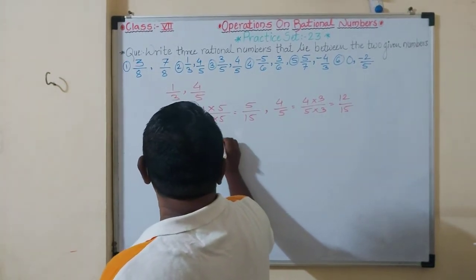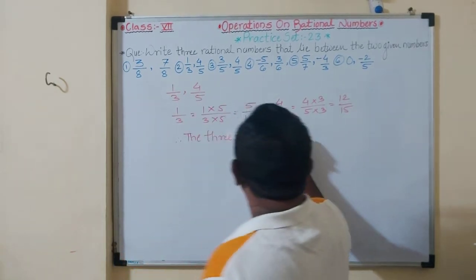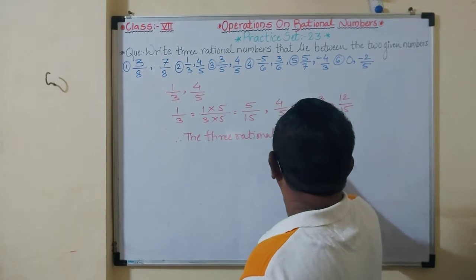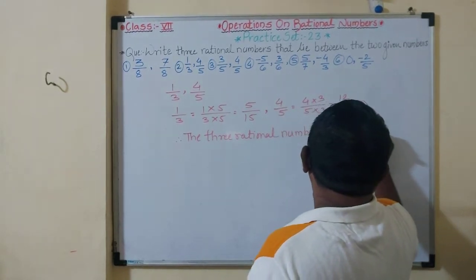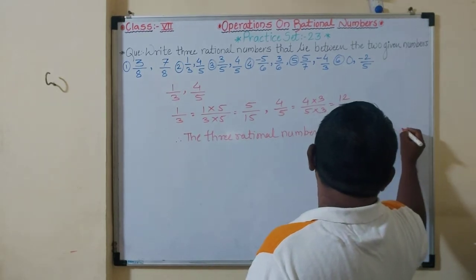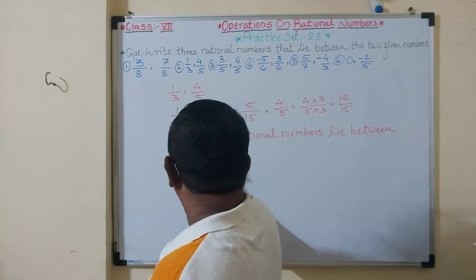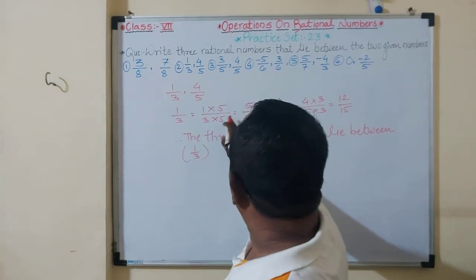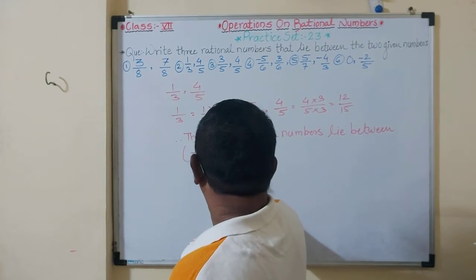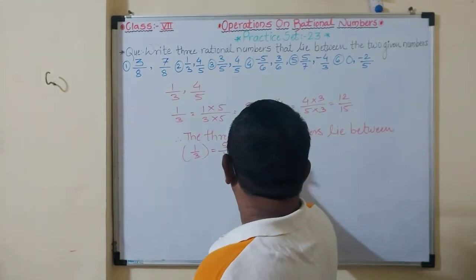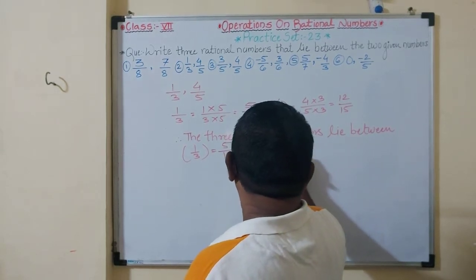Now let's see first. So therefore you have to write the sentence: the three rational numbers that lie between. Now 1 upon 3, we wrote the equivalent fraction, that is 5 upon 15, and the second, 4 upon 5, the equivalent fraction we got is 12 upon 15.